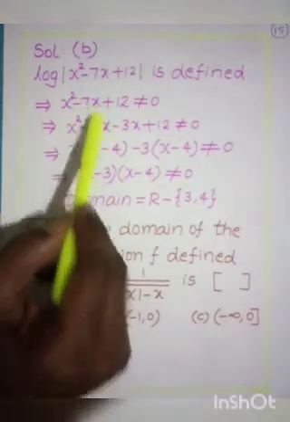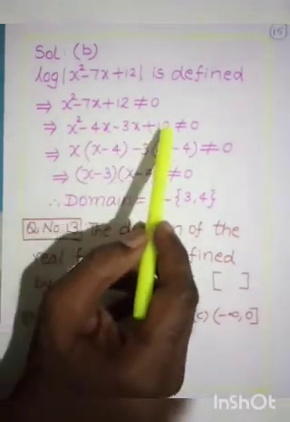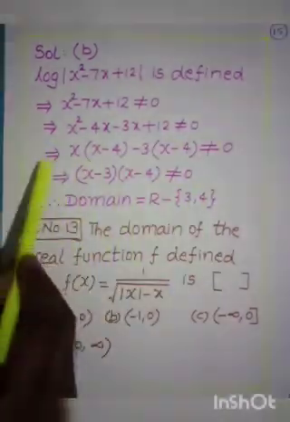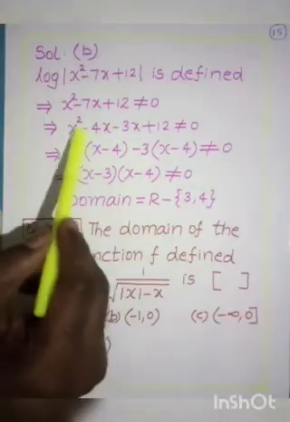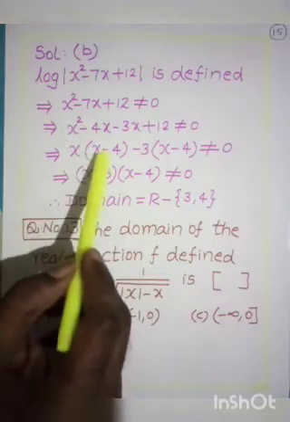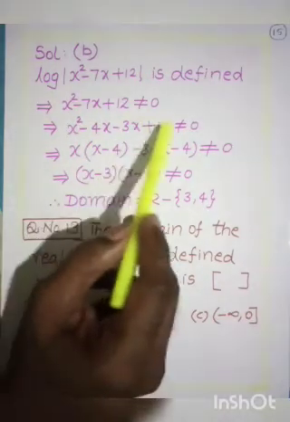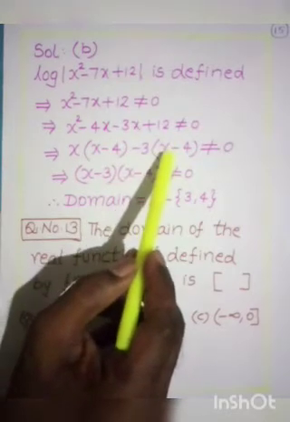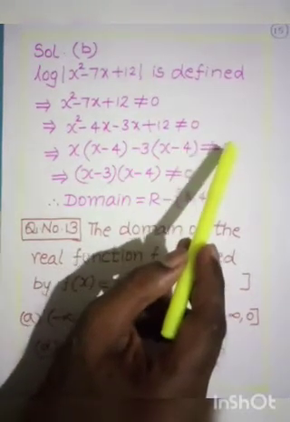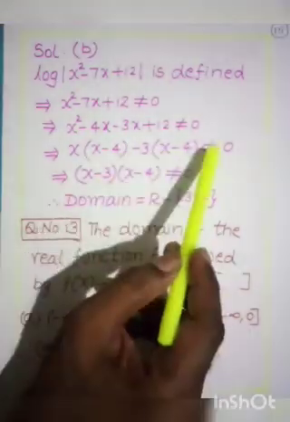So x square minus 4x minus 3x plus 12 is not equal to 0. By taking the common factor x from the first two terms we get x into (x minus 4), and from the other two terms by taking the common factor minus 3 we get in the brackets (x minus 4), not equal to 0. Understood this step, my dear children?